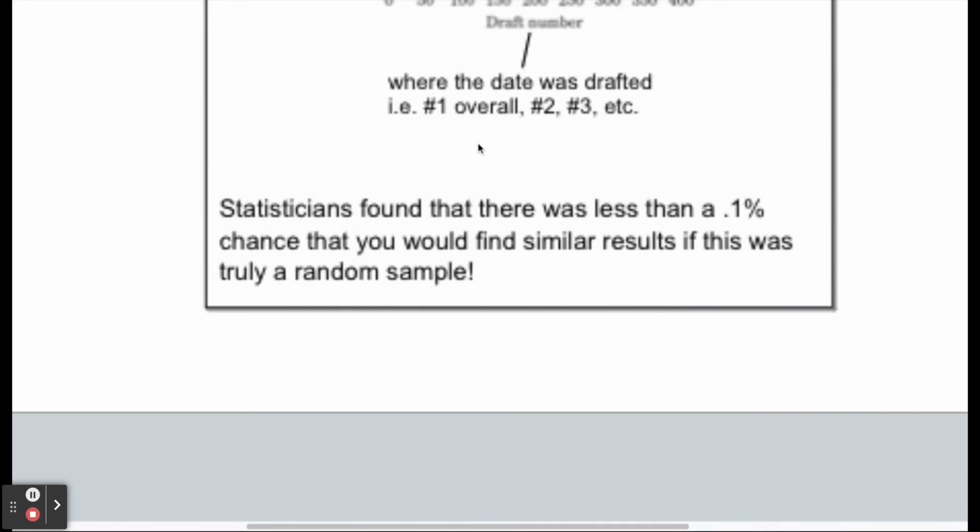Okay? So what I want to do is I want to recreate this scenario, except let's try and make a more fair draft. Okay. Now I know I just showed you how to create or select random numbers on your calculator, but on your homework, we're all going to be trying to answer the same questions.